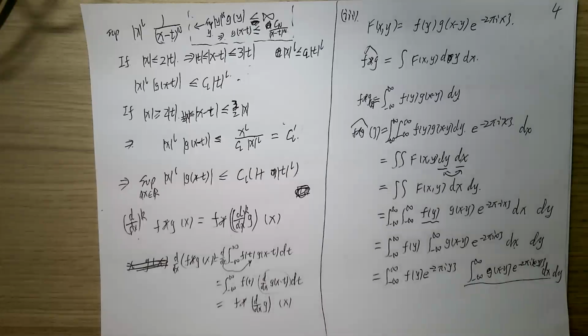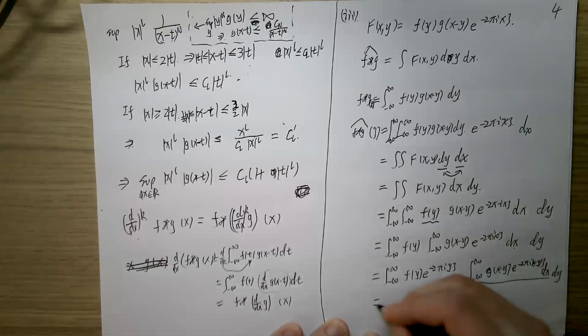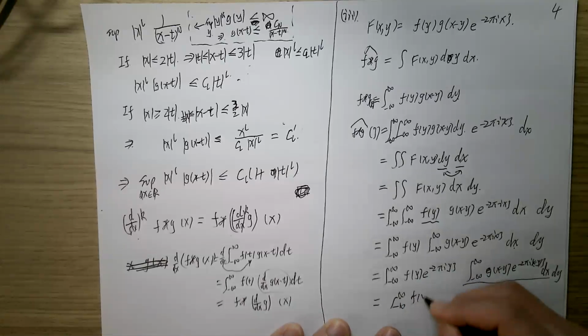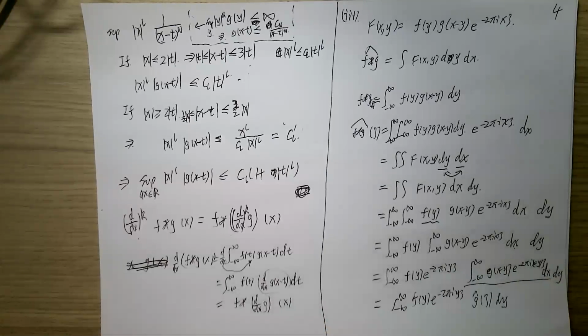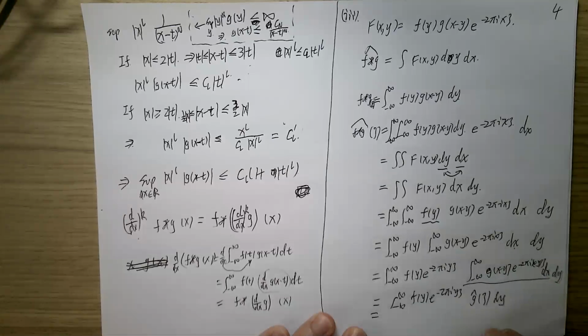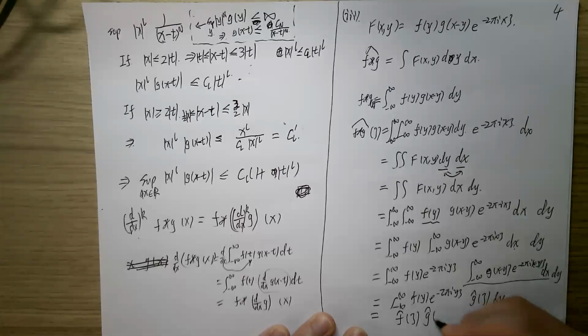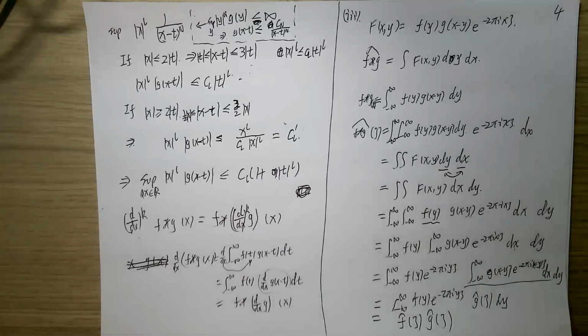This inside part, you can do a change of variable. It's actually a translation. It is g hat of xi, and you don't have dx. And the rest is nothing but f hat of xi. So you get it.